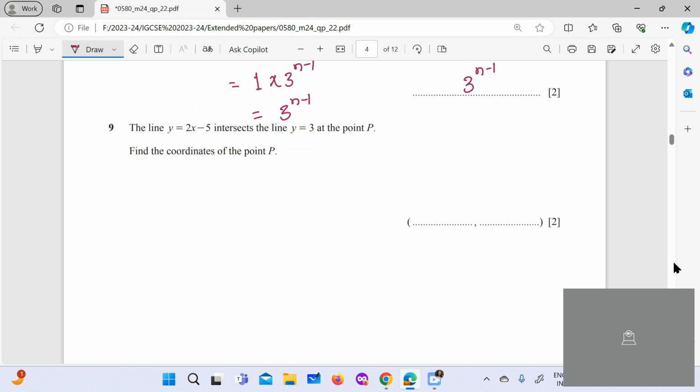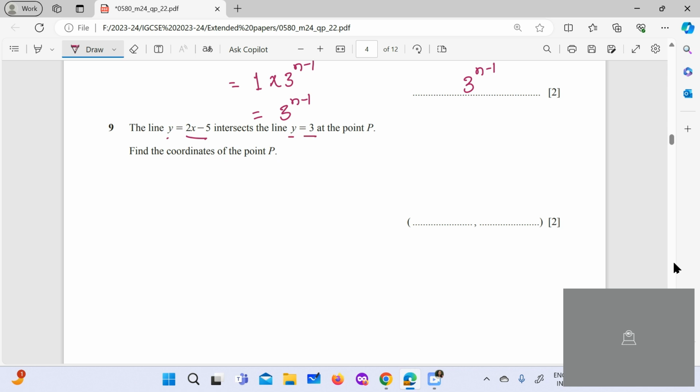Next, the line y equals 2x minus 5 intersects the line y equals 3 at point P. Find the coordinates of point P. So here it is given the line y is 2x minus 5 and another line is y equals 3.